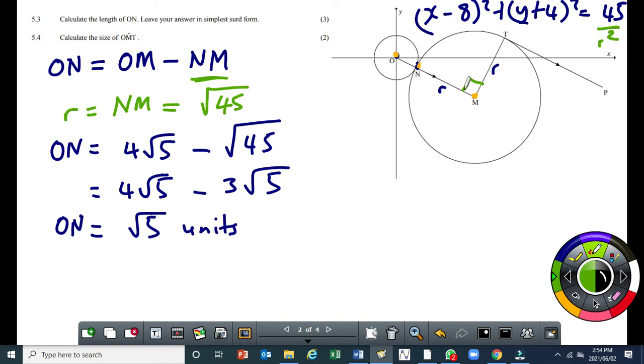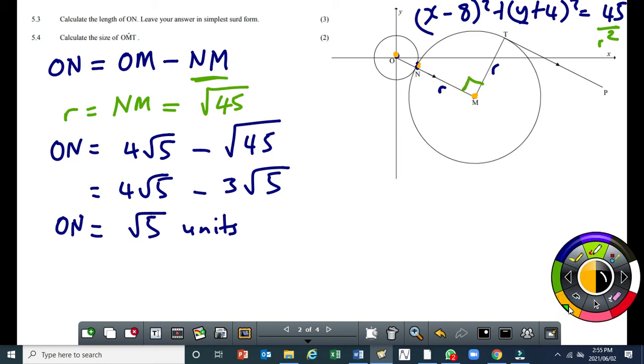Okay? Like in this case here, you just have to use geometry to get the size of angle M. What do you think is the size of angle OMT? What do you think it is equal to? It's equal to 90 degrees. Why? Because those two lines are parallel.